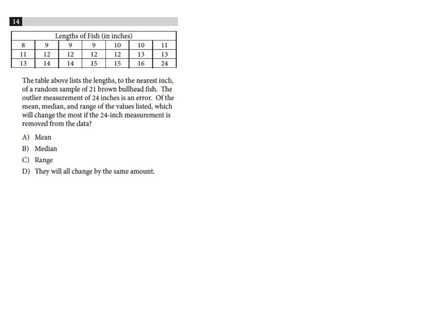Okay, so let's first look at the range, because that's easiest to calculate at this point. The range is going to be 24 minus 8, 16. Okay, that's pretty large.